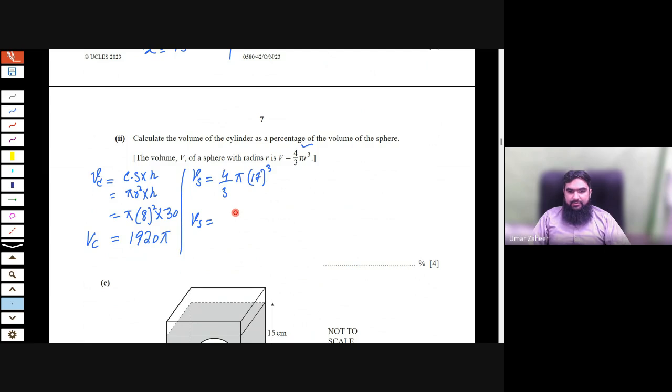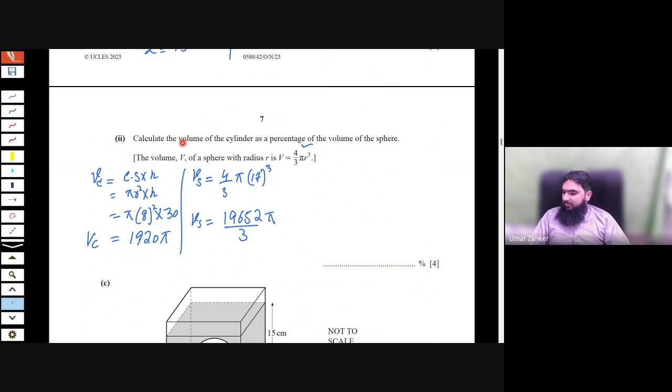Yes, what is the volume of the sphere? Yasser, Rahim, anyone? 19652 divided by 3. All right.